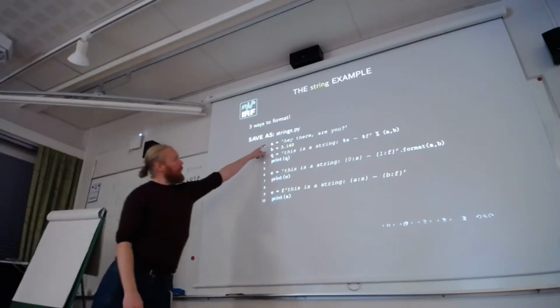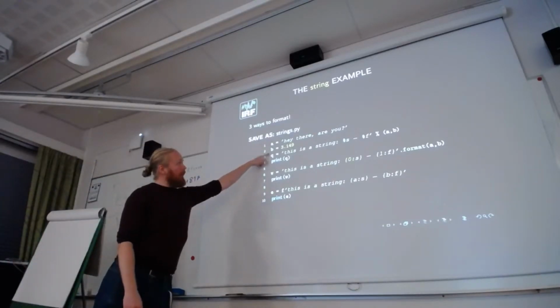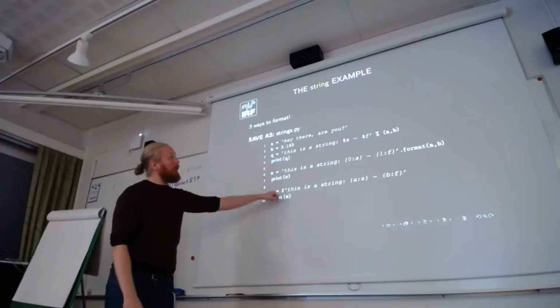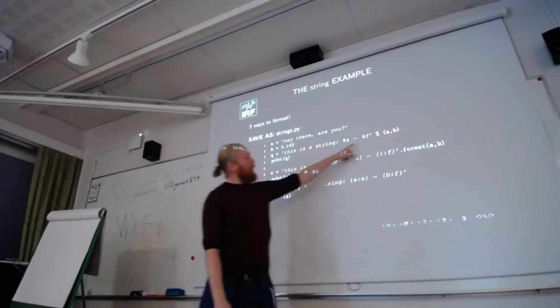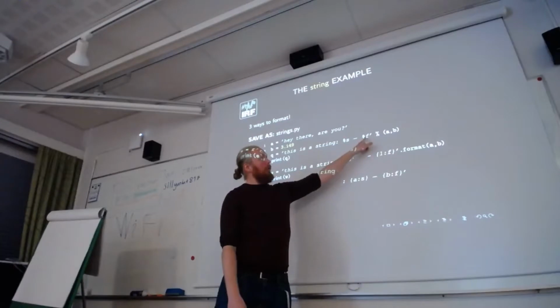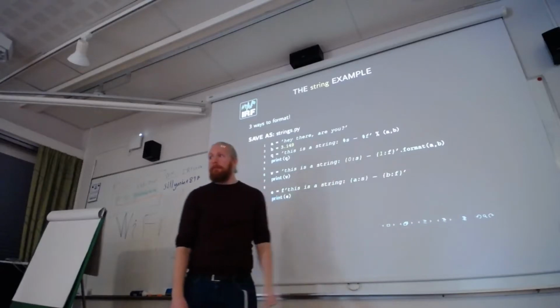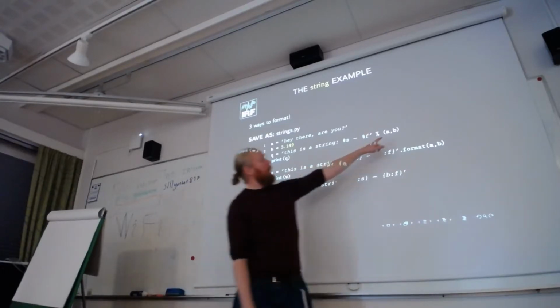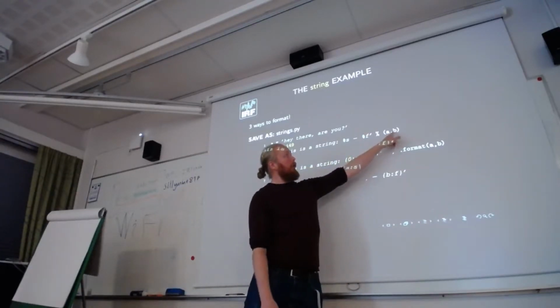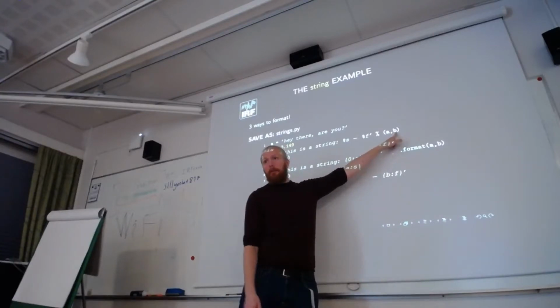So now we have A is a string, B is a float, and the only thing we add here is this. In the first example, we had %f, and this means put a float in here. And then we just put the comma and the second variable that's supposed to go into the string.